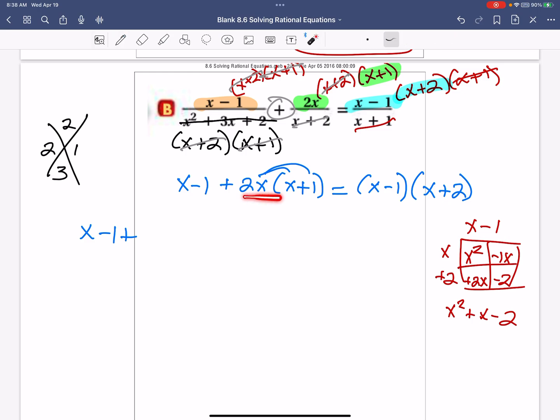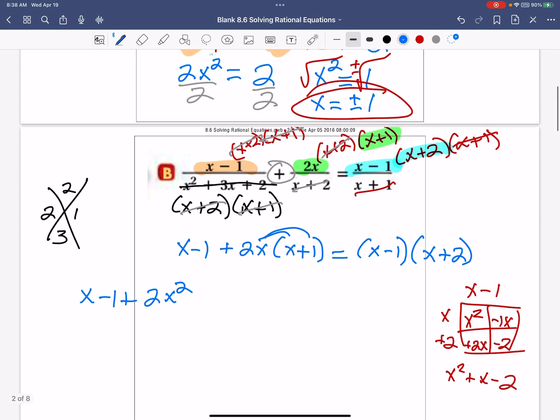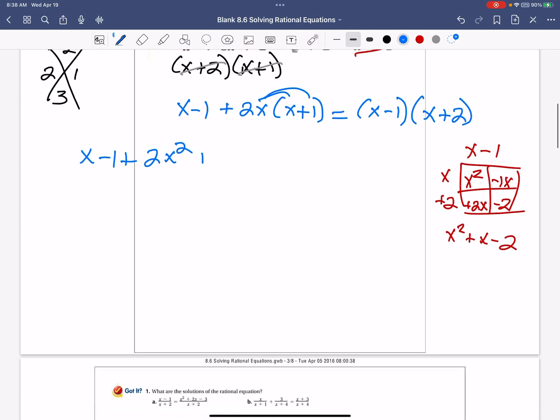When I do that, 2x times x is 2x squared. 2x times 1 is just 2x. That equals this right down here, x squared plus x minus 2.